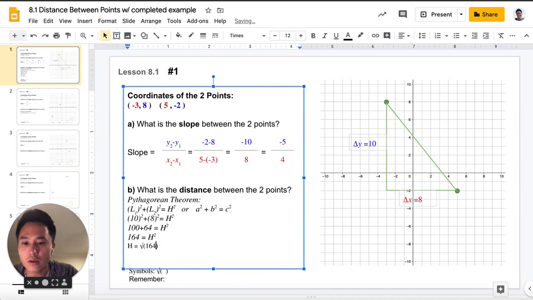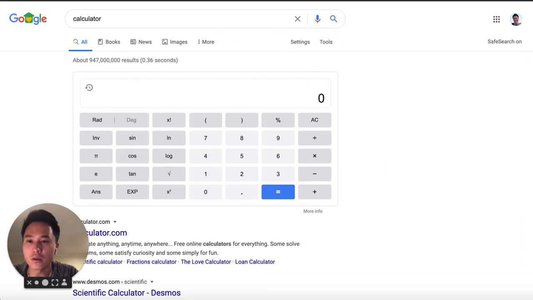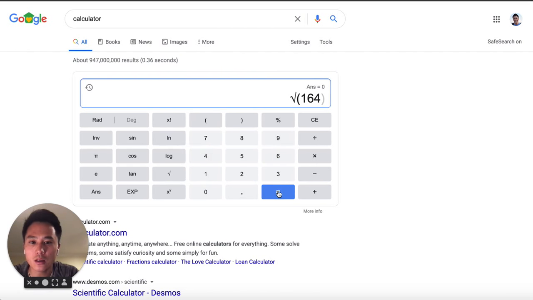Square root of 164 is not a perfect square, so we can leave it in exact form like this, or we can estimate, or we can round. So what I'm going to do now is switch over to a calculator. I just Google searched calculator. I'm going to click square root of 164 is equal to this number here. I'm going to round it to the nearest hundreds place.